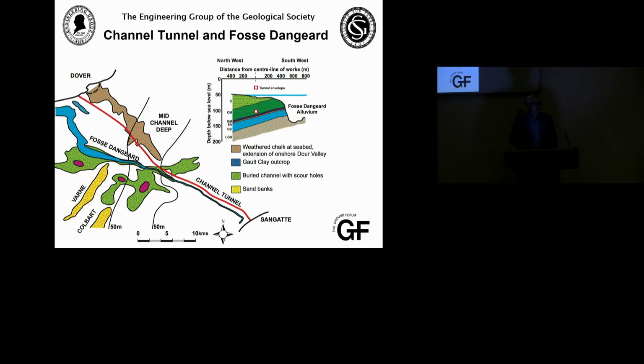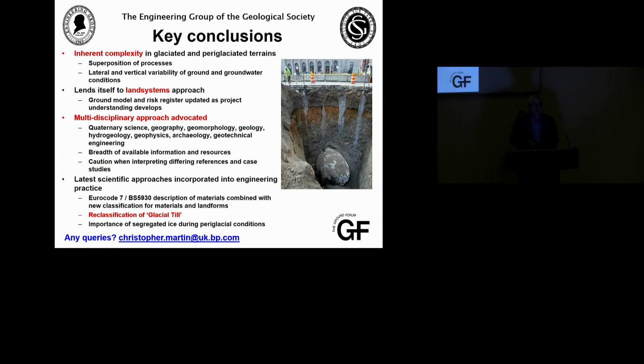But it is that ground model that started to predict what we might expect to find in terms of this paleo valley system, these great fosses, the Fosse Dangeard, that came really quite close to the Channel Tunnel. So we've got some offshore examples in there as well to exemplify this variability, this complexity that's actually present.